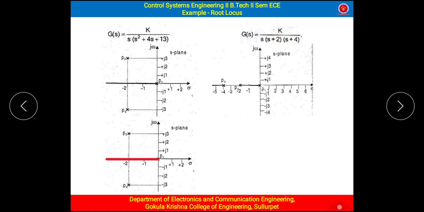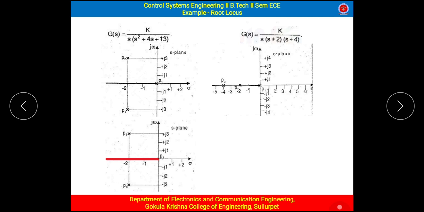So starting from s is equal to minus 2 to s is equal to 0, that particular range is satisfying that condition. So that is a part of root locus branch. And similarly, from s is equal to minus infinity to s is equal to minus 4, this particular range will also satisfy that condition.